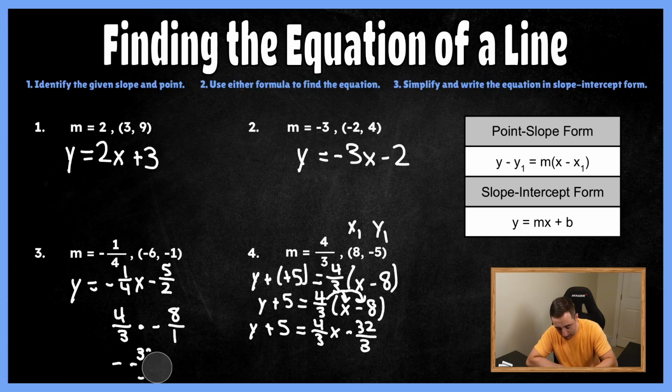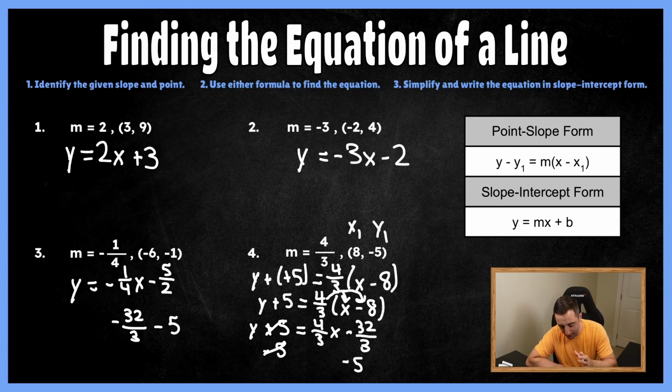And then the only thing that is now left is we need to get y by itself by subtracting 5 on both sides. So minus 5, those cancel. But once again, we have to deal with a fraction being subtracted by not a fraction. So this is going to be negative 32 over 3 minus 5. Well, how do we make 5 into a fraction that has a denominator of 3 with it still giving us the value of 5 back? We can change it to 15 over 3 because what is 15 over 3?